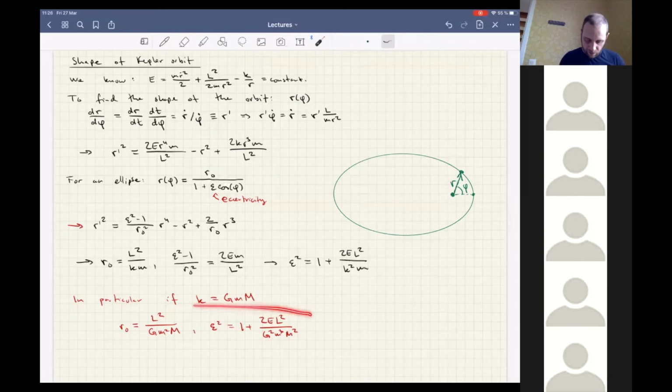So this is what you get for the gravitational Kepler problem.